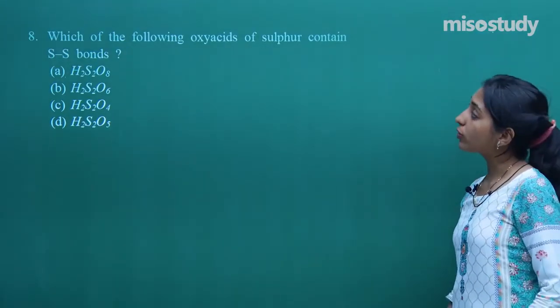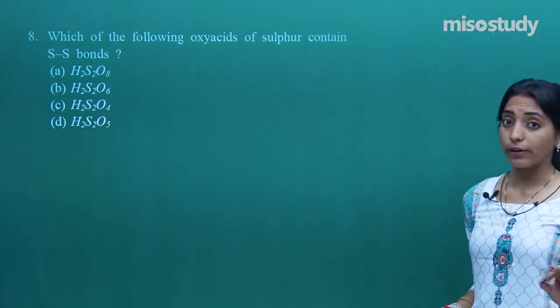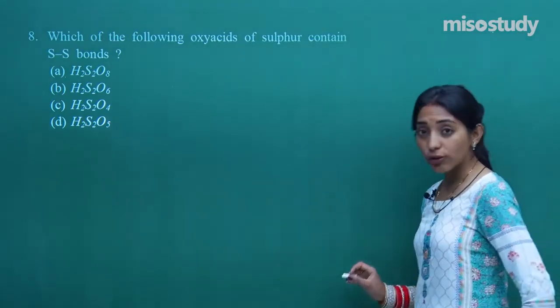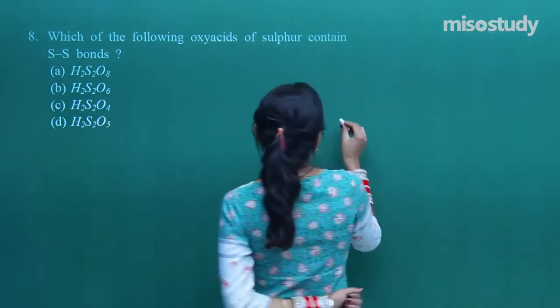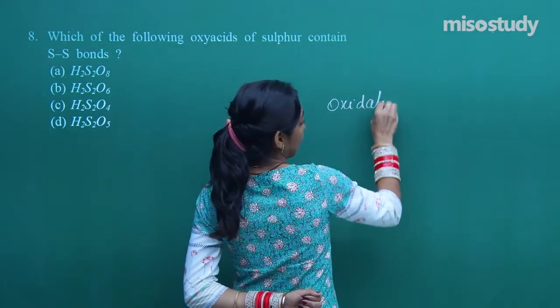Question 8 says, which of the following oxyacids of sulfur contain an S-S bond? One very simple explanation to this question I have given in class also: first of all, calculate the oxidation state.